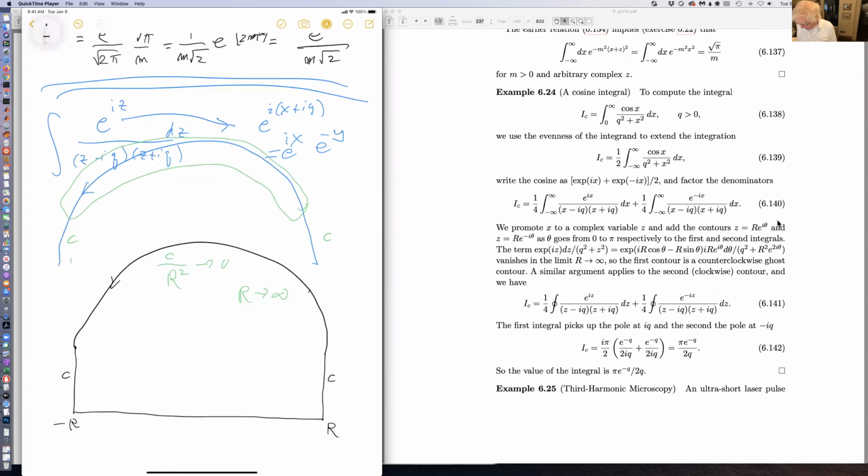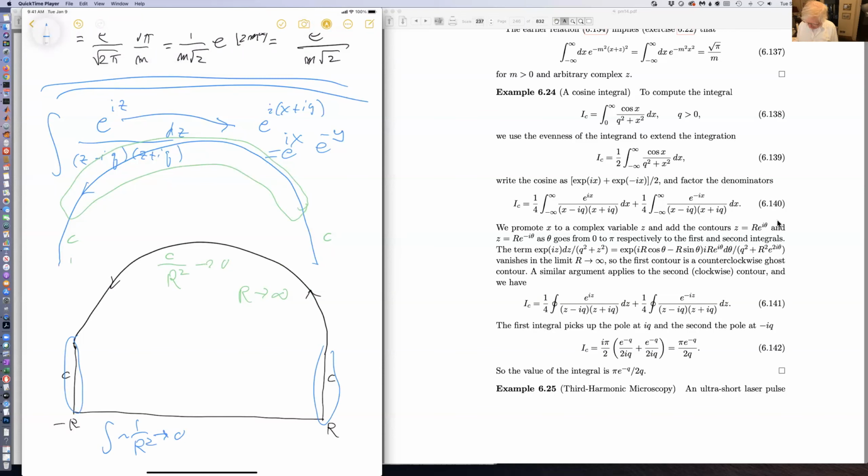These two integrals, let me switch to a different color, these two integrals are essentially 1 over r squared, which goes to 0.